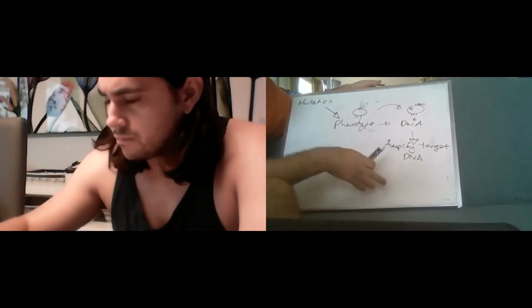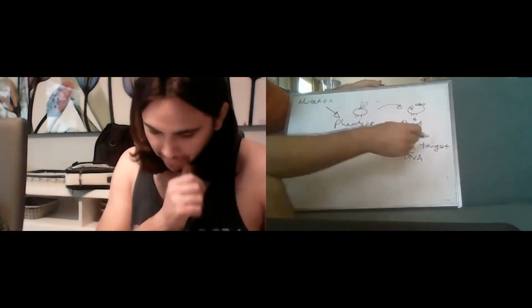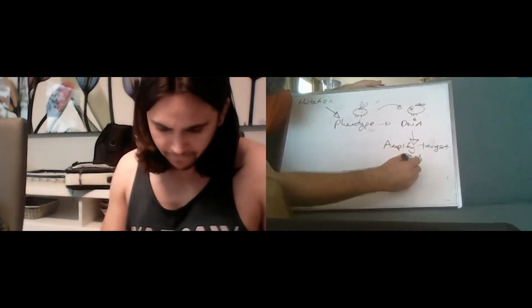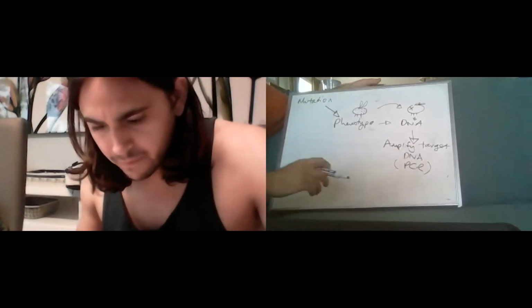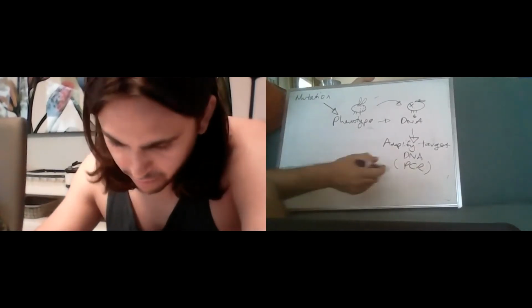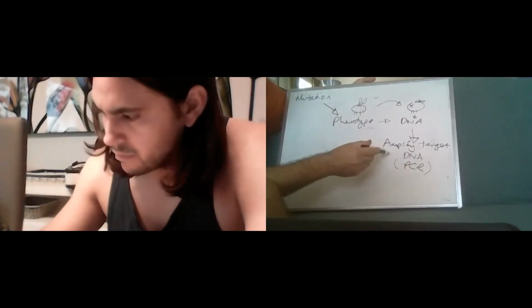By doing that kind of mapping experiment that you've just done as part of the Fly linkage report. But either way, we're going to have to amplify that DNA to be able to sequence it. So that's what we're going to talk about today.